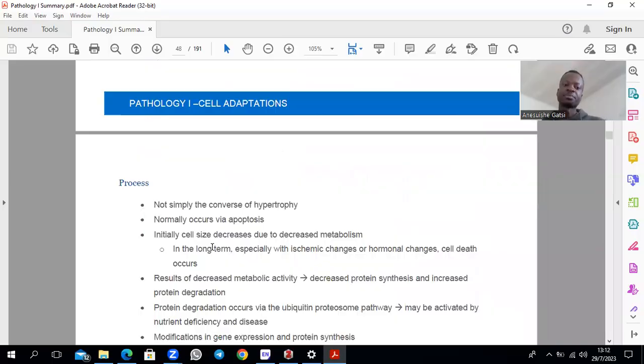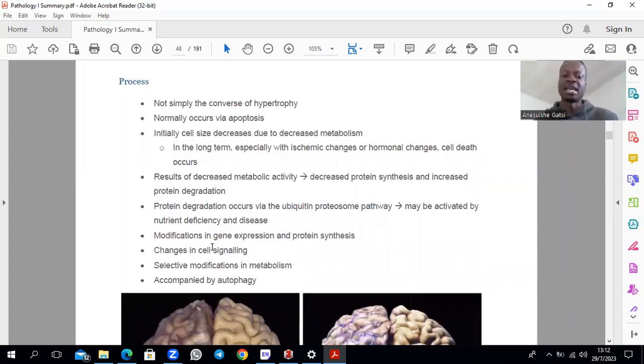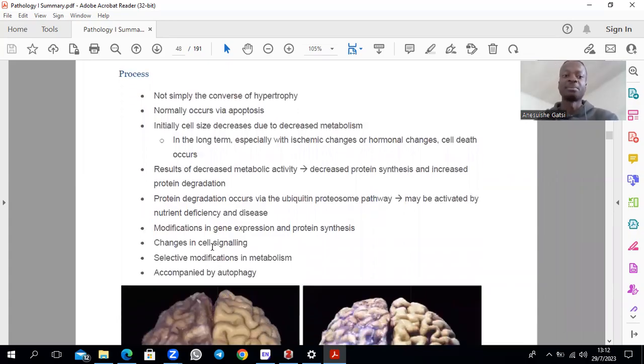Right. Then atrophy normally occurs via apoptosis.